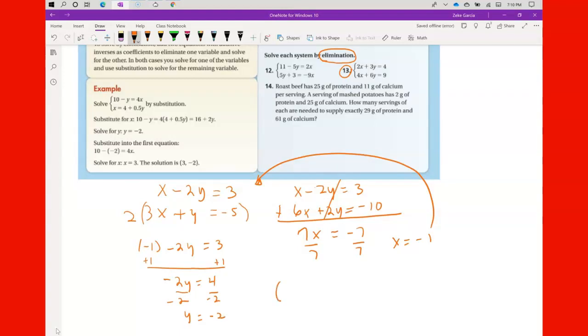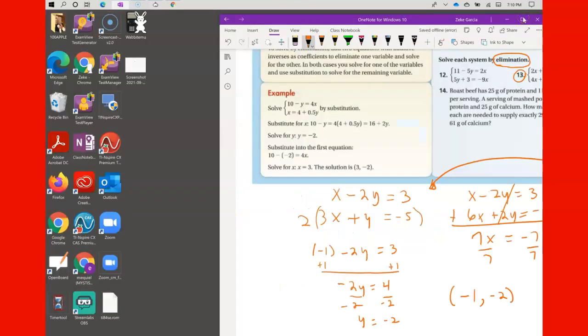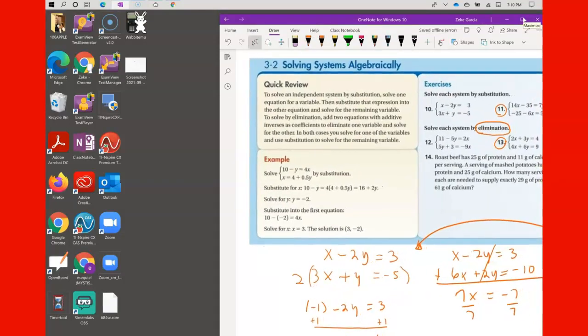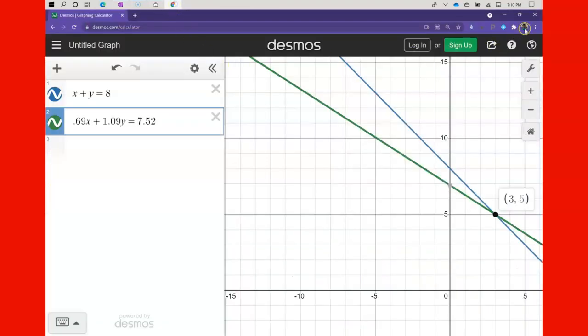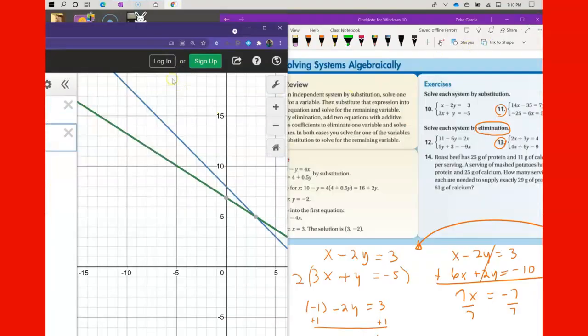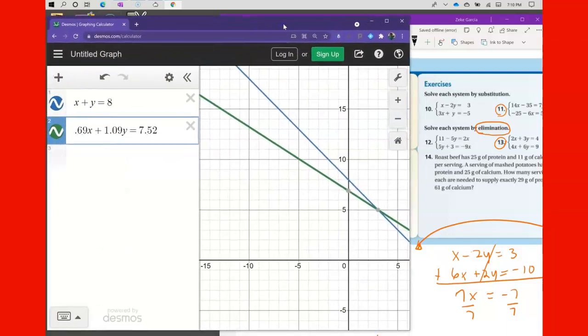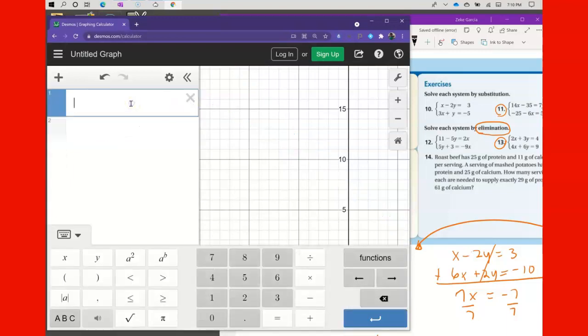So what is the answer to the system? Negative 1 comma negative 2. And I do want you to get in the habit of knowing how to check using Desmos. So I'm purposely going to show you again how you could just simply check your answer by typing it into Desmos.